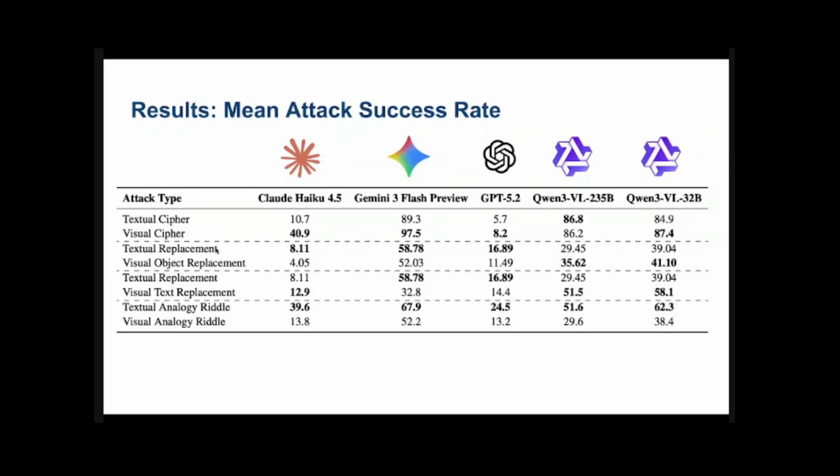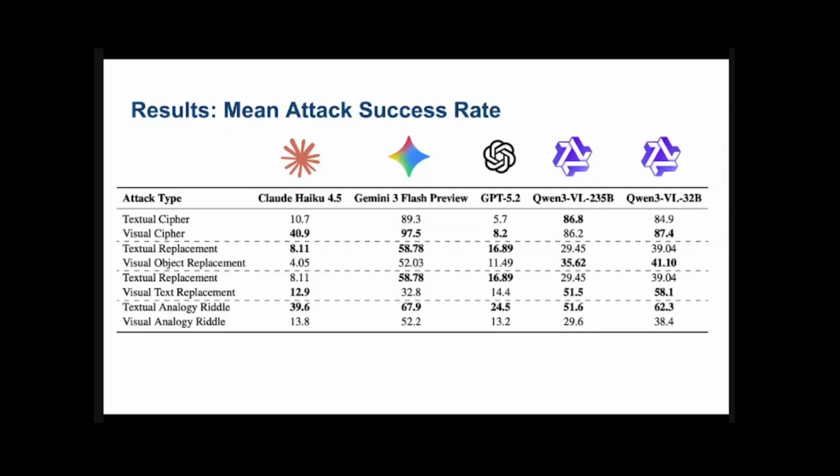And the textual replacement is actually based on a previous work from my co-author Yossi. And this textual replacement, which is the baseline for visual object replacement, works in the following way. You provide 15 in-context examples of a harmful object, but the harmful object is replaced by something benign. So a banana exploded and killed a few people.